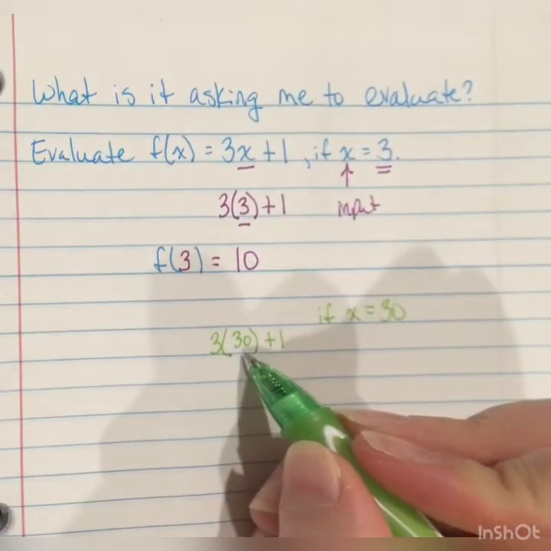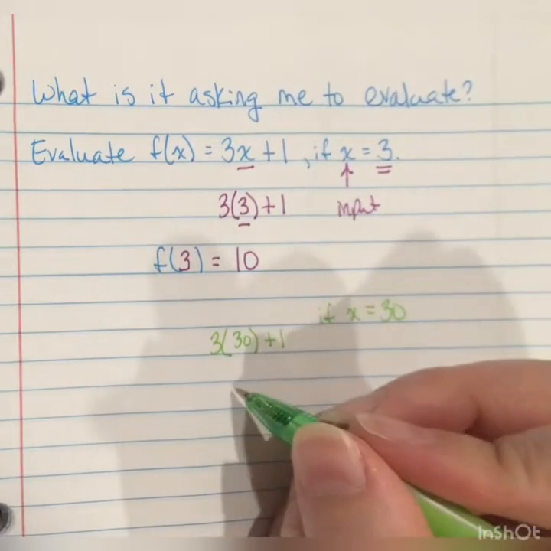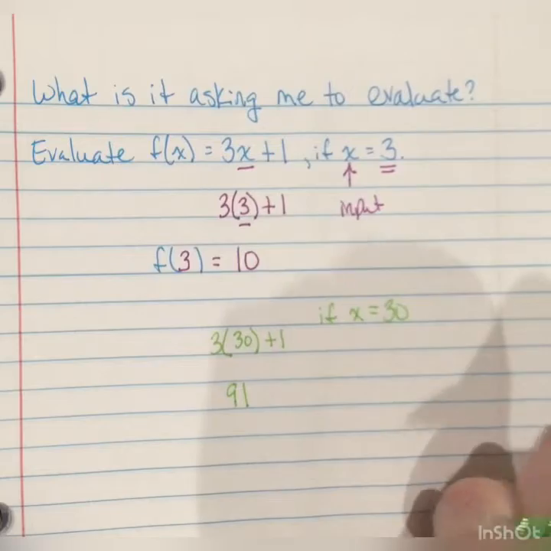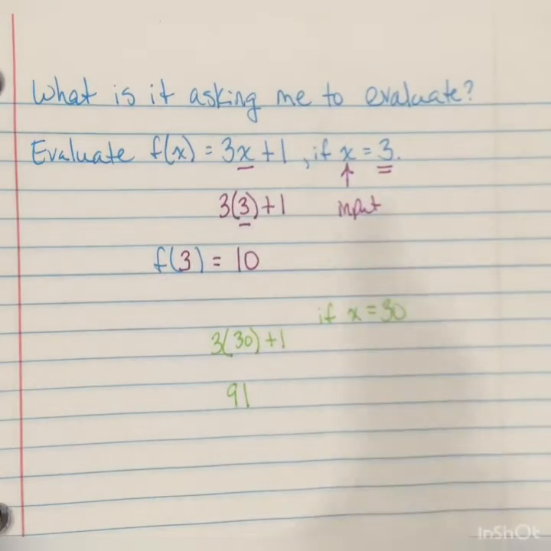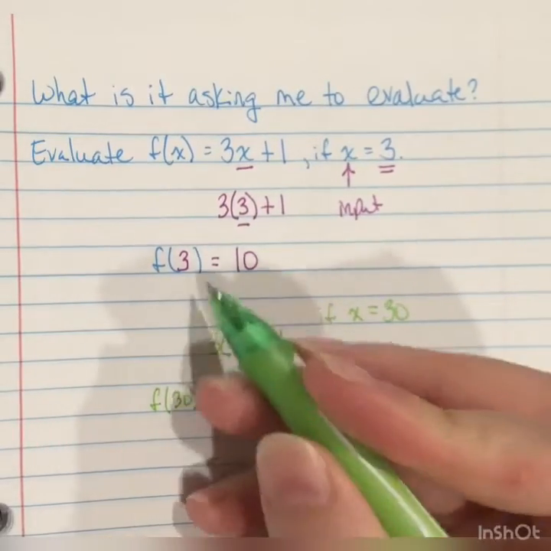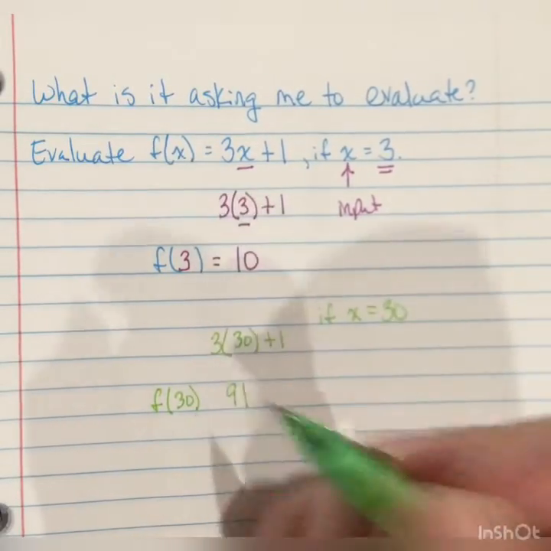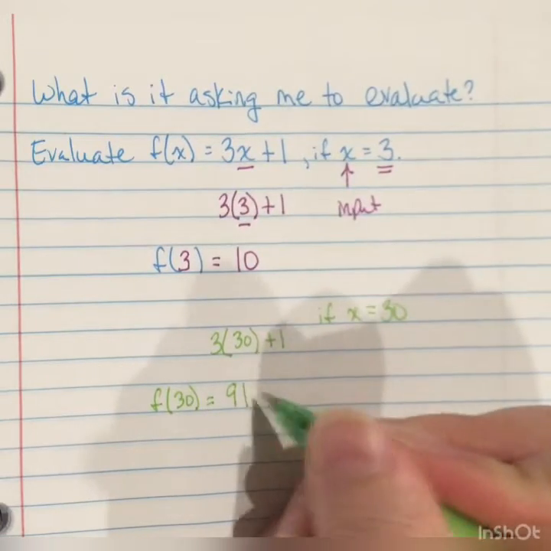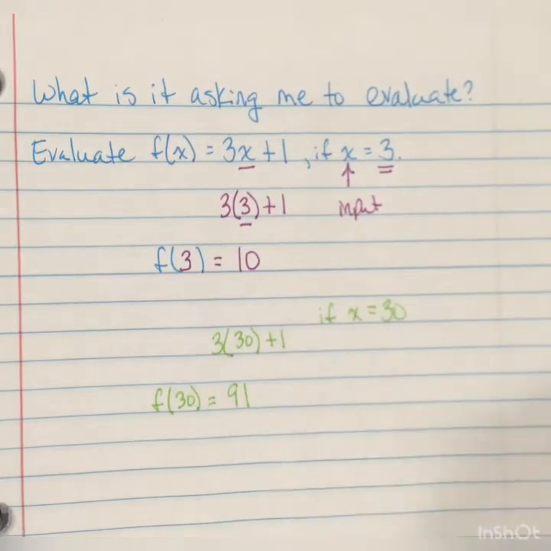So when we solve, 3 times 30 is 90 plus 1, we get 91. So again, now we're solving for f of 30. I'm just replacing the variable x with 30, and the solution is 91.